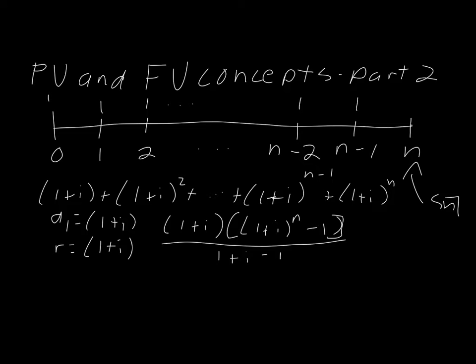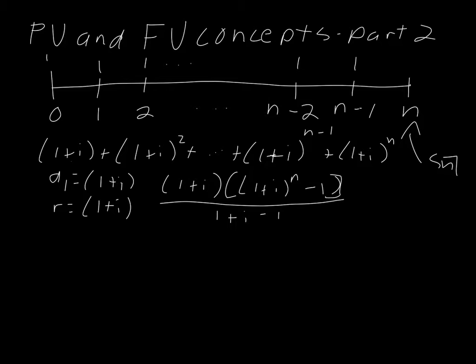And a little simplification then yields 1 plus i to the n minus 1 all over i times 1 plus i.